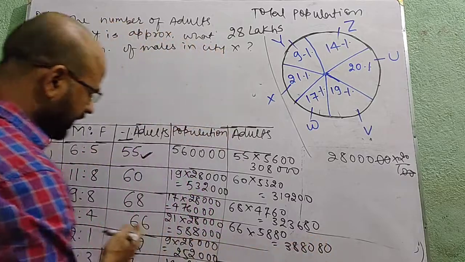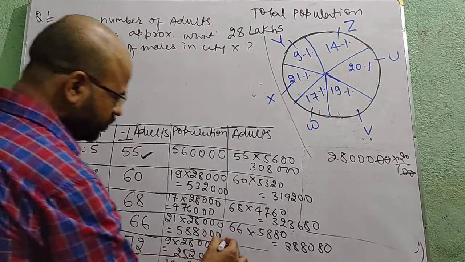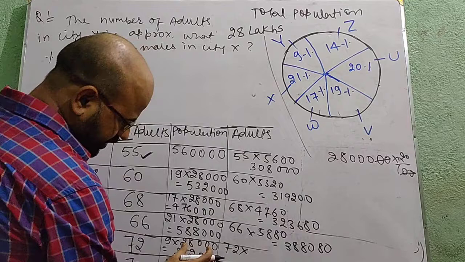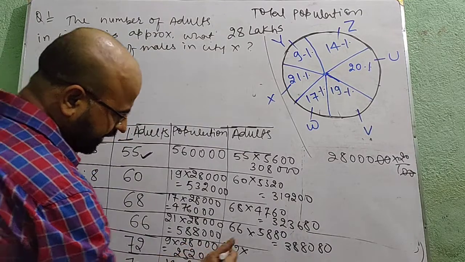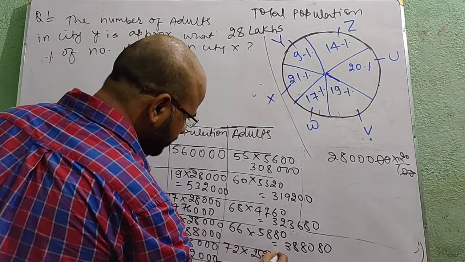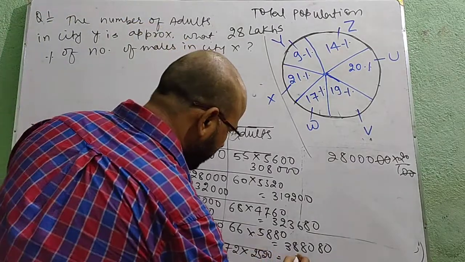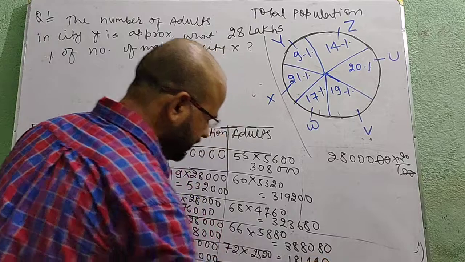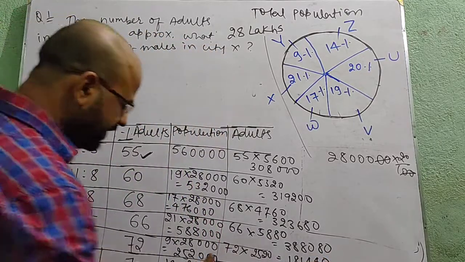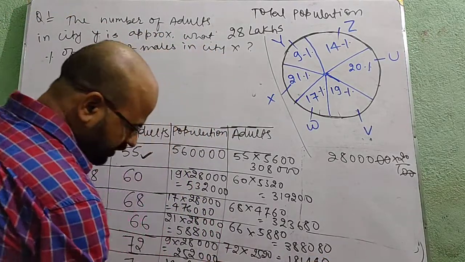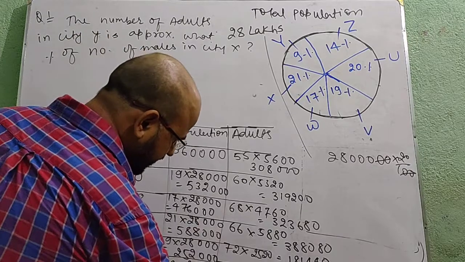For the second last, 72%, 72 into double zero cancels out, that is 2520. When you multiply, you will get 181,440. The last one is 70%, that is 70 into, 20 cancels out, 3920.